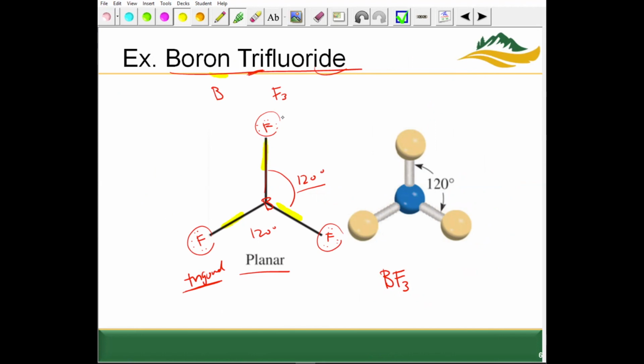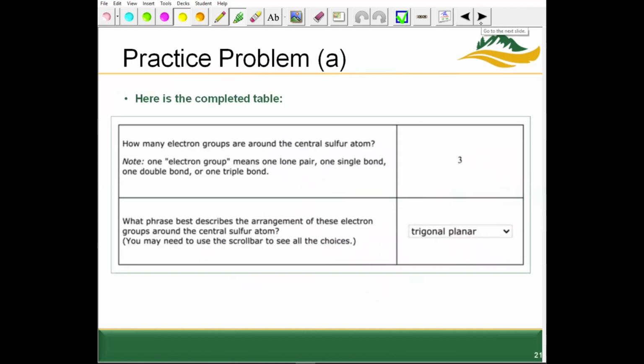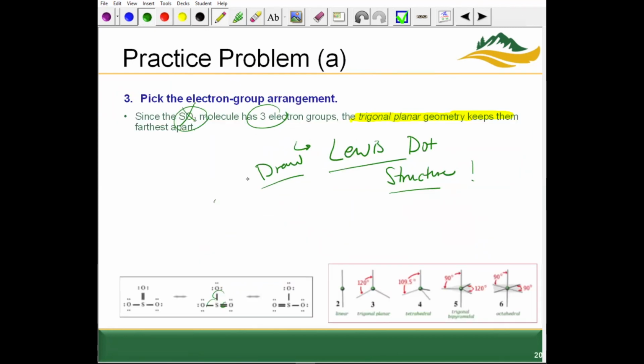That is still, though, just 3 groups in total around the central atom. So this is trigonal planar. Here's our completed table. We have 3 groups around the central atom. This is trigonal planar for SO3. Just another reminder here, to figure out this style of problem, always draw the Lewis dot structure first.